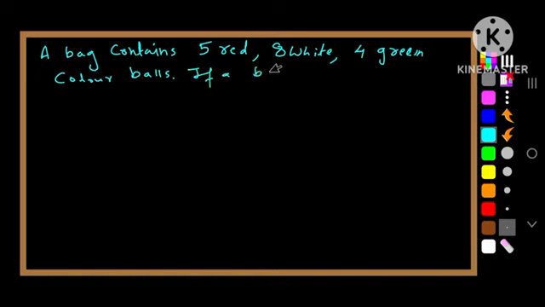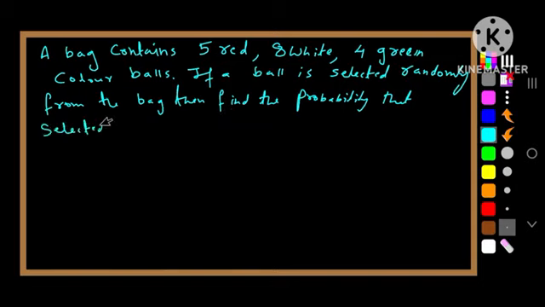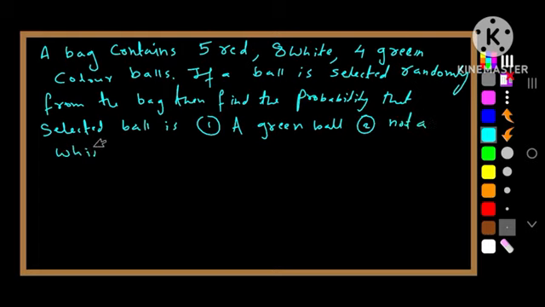If a ball is selected randomly from the bag, then find the probability that the selected ball is 1, a green ball, 2, not a white ball. So this is the condition.